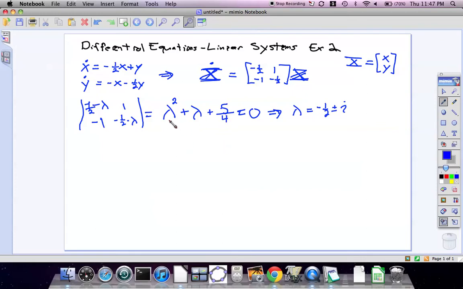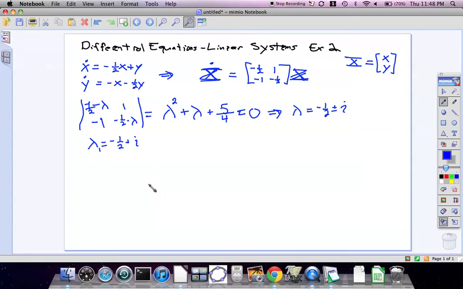What we found when we were doing the second degree equations is that if we had complex characteristic roots, we really only needed to consider one of them. We didn't really need the conjugate. That was sufficient because the sine and the cosine gave us two independent solutions. So again, my point here is that I only need to consider lambda 1, which is negative 1/2 plus i.